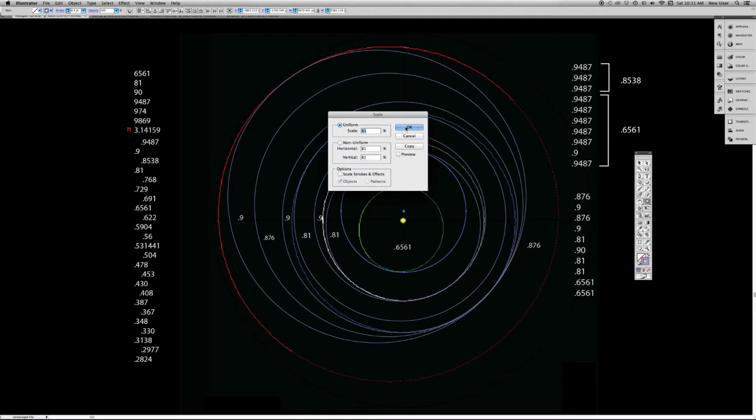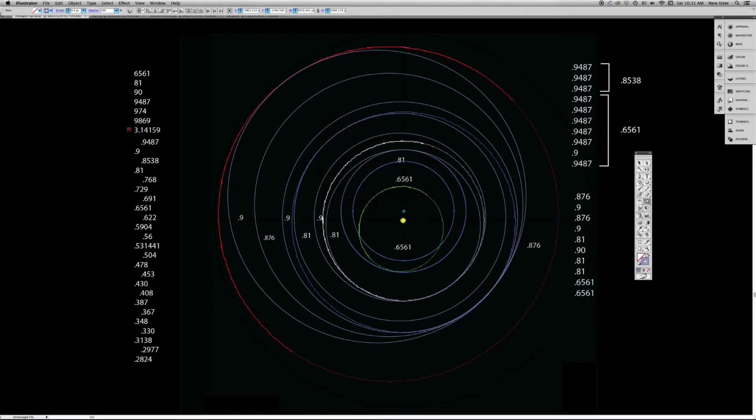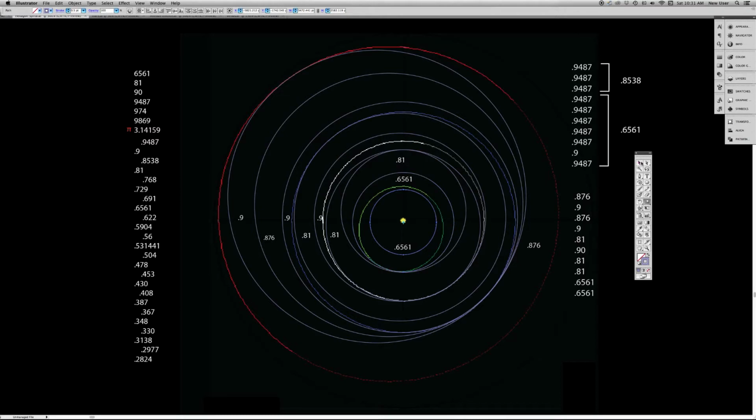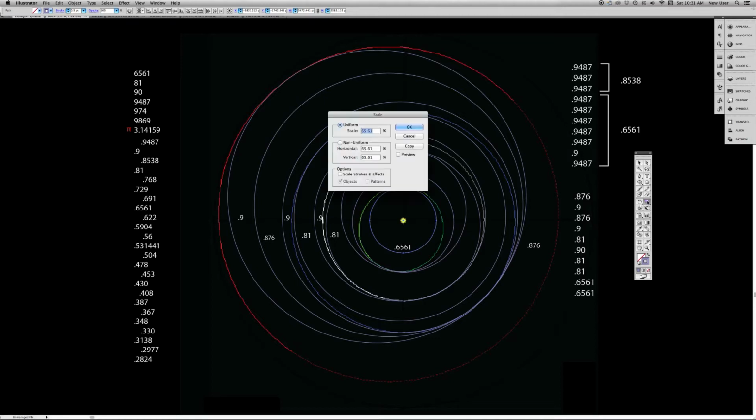And then another A1. So it sits in the middle of nowhere really. And then 6561. If that is recentered to the star, it will sit nicely. Another 6561.